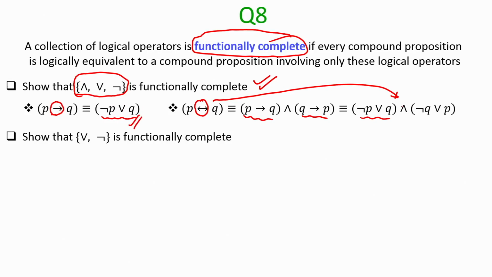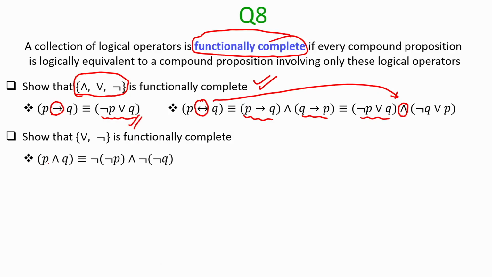What we have to now worry about is how do I represent a conjunction, namely a proposition where conjunction is involved, by an equivalent proposition where I have just occurrences of disjunction and negation, and this is how we can prove that.